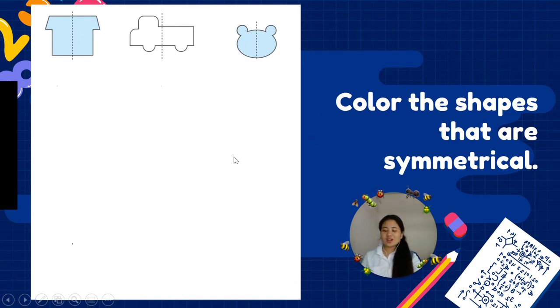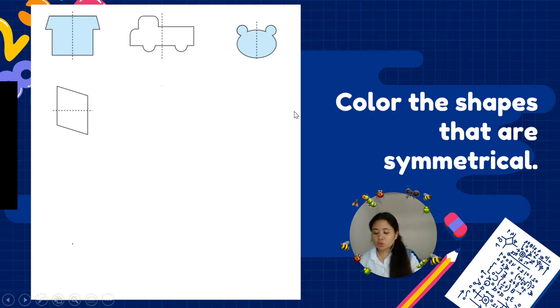Okay, good job. Next, let's go here. What's the next one? Okay, that is a rhombus. When you measure that one, it is not a symmetrical shape. When you see it, it might look like the same parts, but when you use a ruler or anything, it's not a symmetrical shape. So you don't have to color.